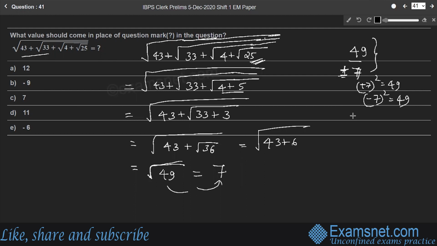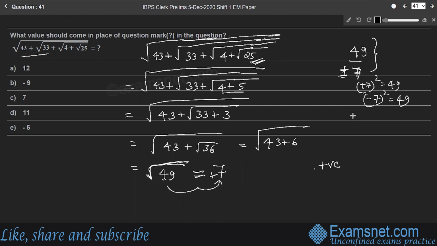If the question is asked to find the value of root of 49, where the value inside the square root is positive, then the value is positive. So the value coming out of a square root is always positive.